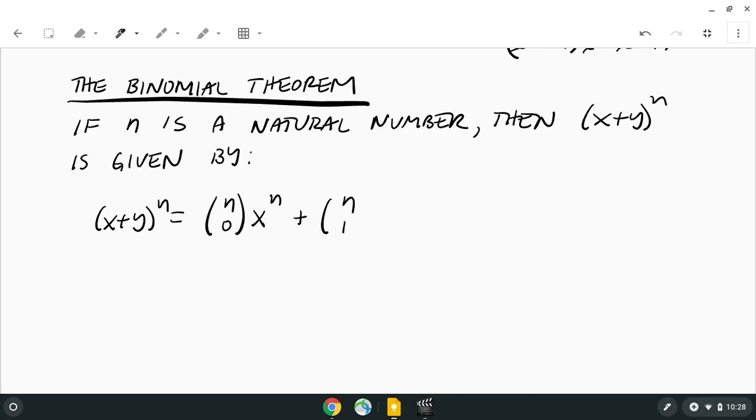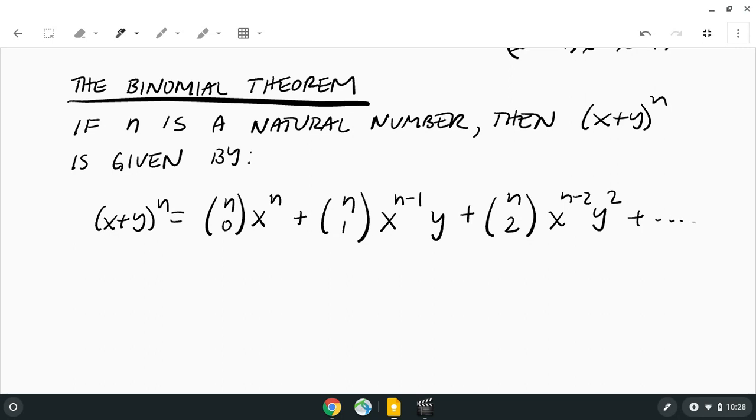And n choose 1. And this decreases by 1. And then n choose 2. And this now decreases by 2. And this is 2. And you keep doing this for all of your terms.